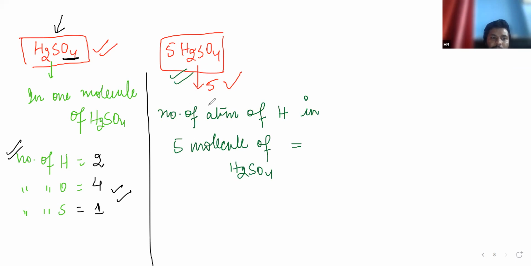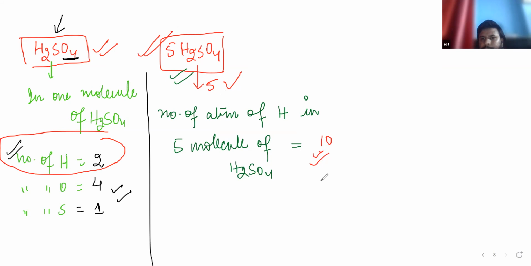You see, in one molecule of H2SO4 there are 2 hydrogen atoms. Then in 5 molecules of H2SO4, how many hydrogen atoms? 10. Very good. Arslan, do you get it? How did this answer come? Very good.